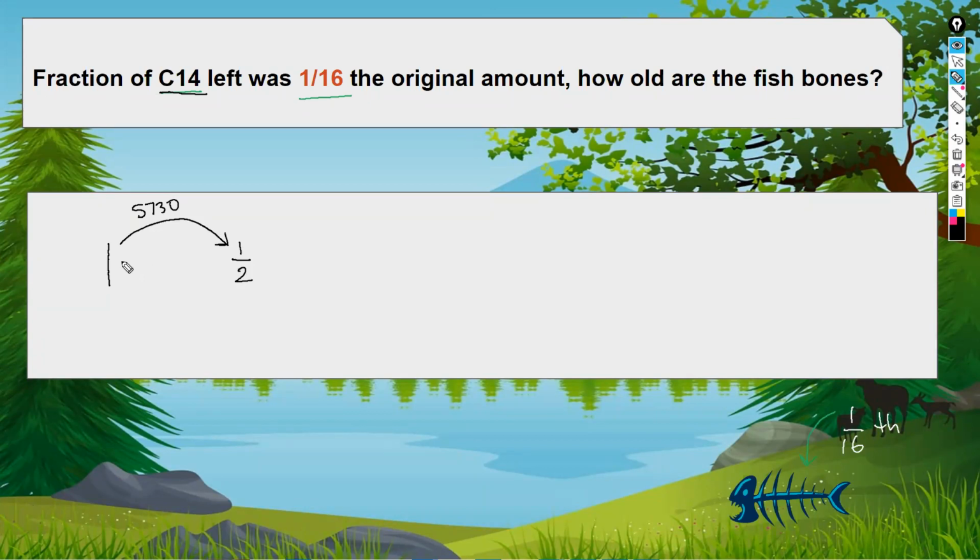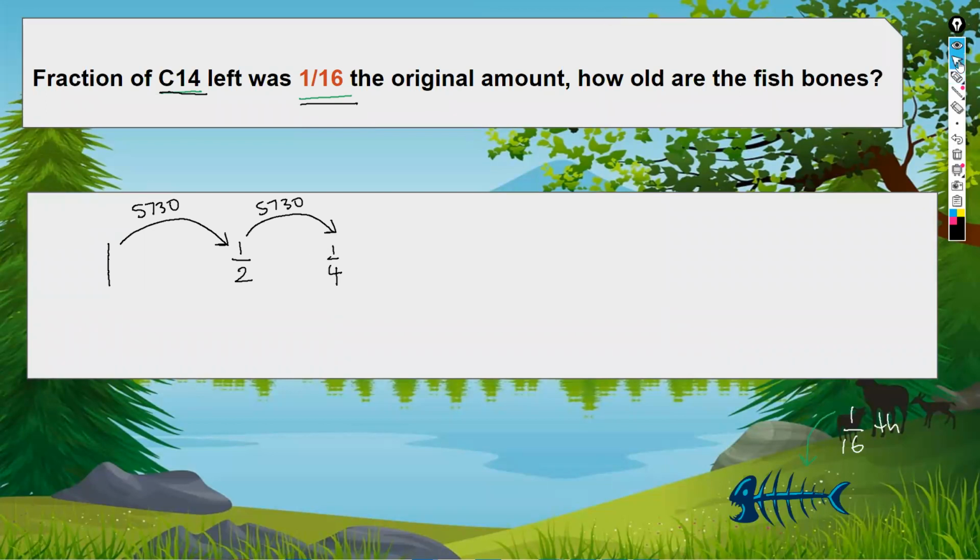Only half, because half of 1 is a half. After another 5,730 years, half of the half will be left. How much is half of a half? If you have half a cake and somebody steals half, how much will you be left with? A quarter. Do you all think you could continue this pattern for me until you reach 1/16 and then calculate how old these fish bones are?